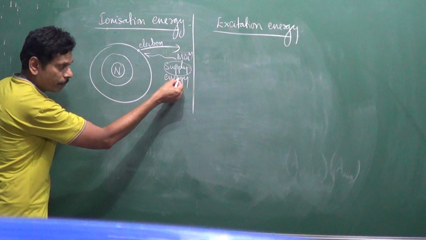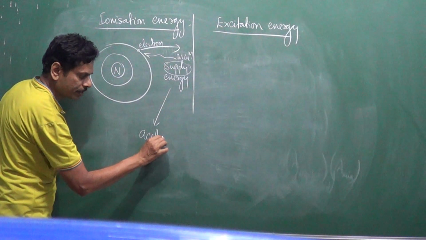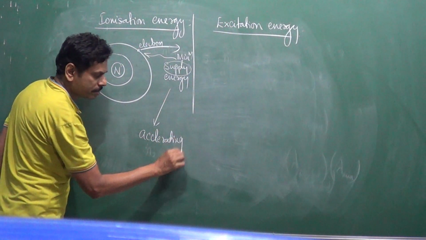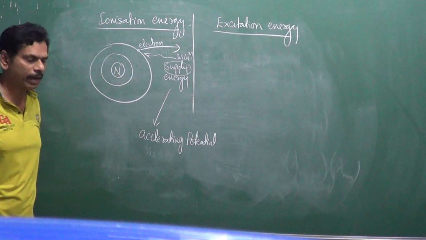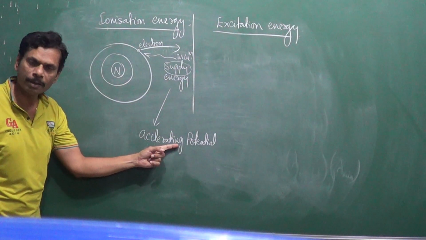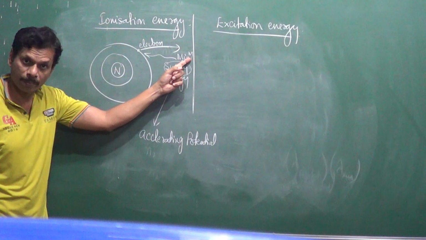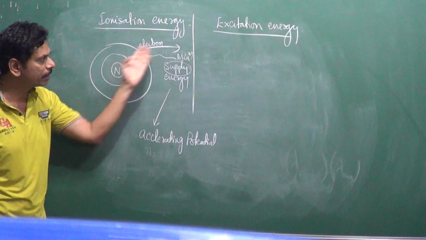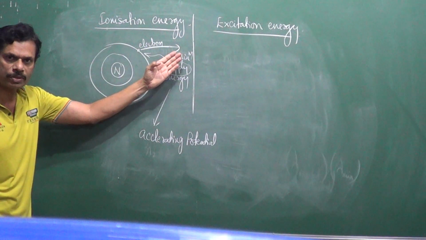And if you are supplying that energy in terms of accelerating potential, let us supply this particular energy in the form of potential here. Then this electron can be removed permanently to a longer distance, so that the removed electron and the nucleus no longer have a force of attraction.